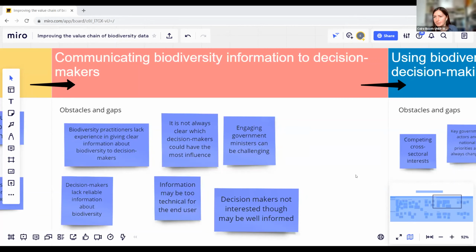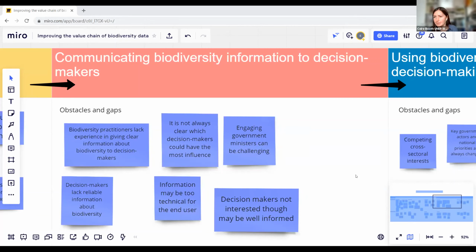So as I've said several times already, different sectors have their own commitments, goals, targets that they're trying to reach. And I'm sure many people who are working towards this aim of integrating biodiversity information into decision-making have often faced that barrier, that perhaps it just doesn't align with existing targets and goals in various sectors.